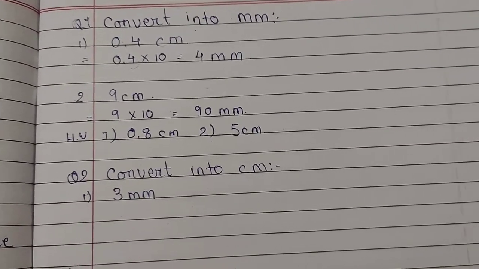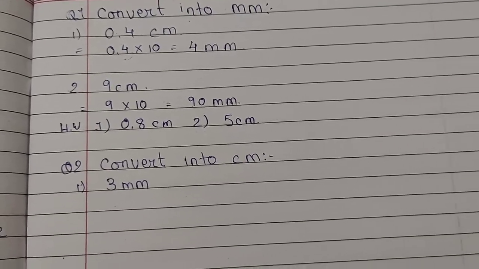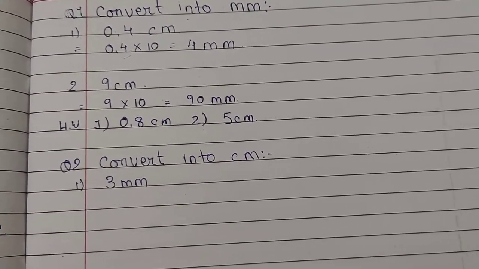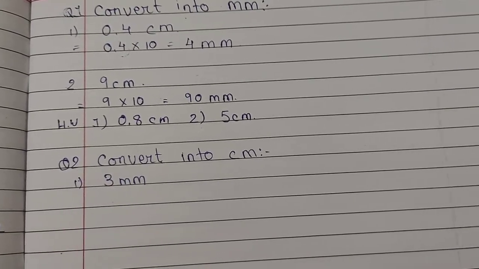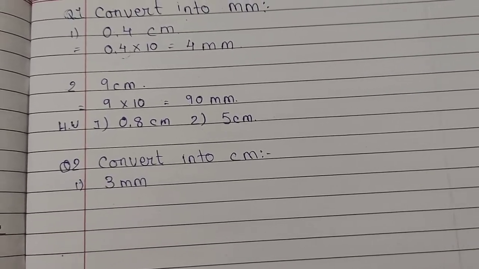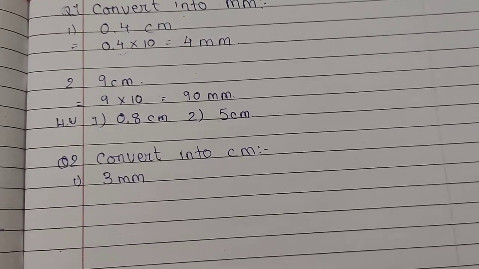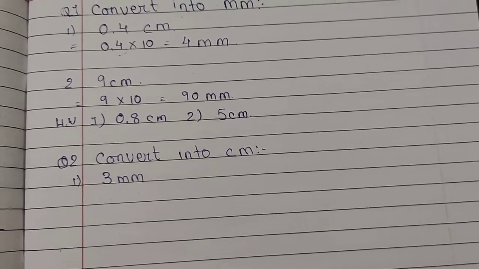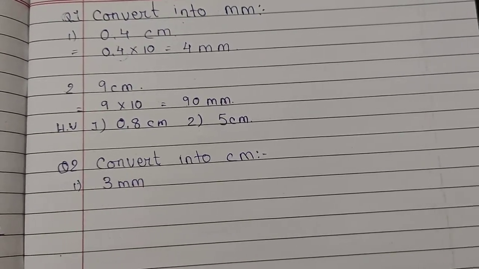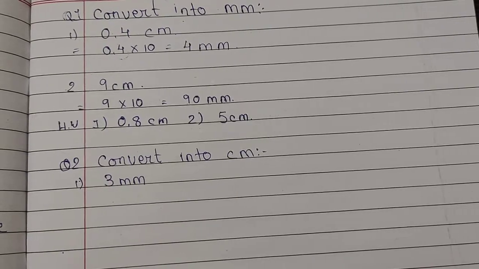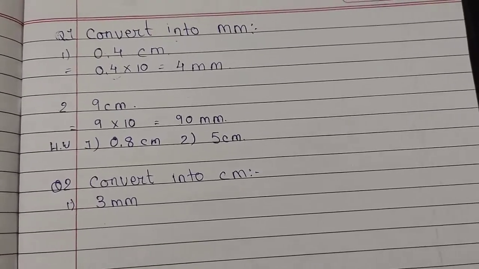Millimeter is a smaller standard unit compared to centimeter. Centimeter is the bigger one. So whenever we are supposed to convert a smaller standard unit to a bigger one, we are always supposed to divide it by its parts. So in 1 centimeter there are 10 millimeters, so we will divide it by 10.